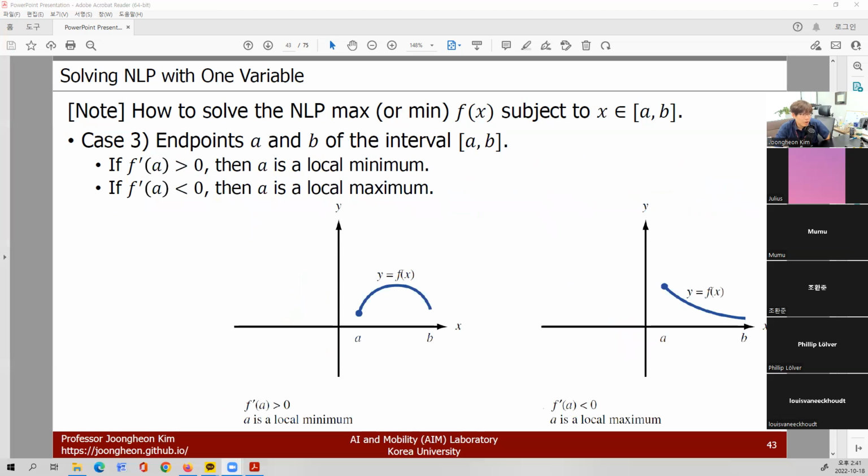So here, the endpoints A and B of the interval. So here A and B, A and B here, okay? This one you can also consider. Your minimum values and maximum values can be at the endpoints A and B. So those can be the solutions for your given functions as well.